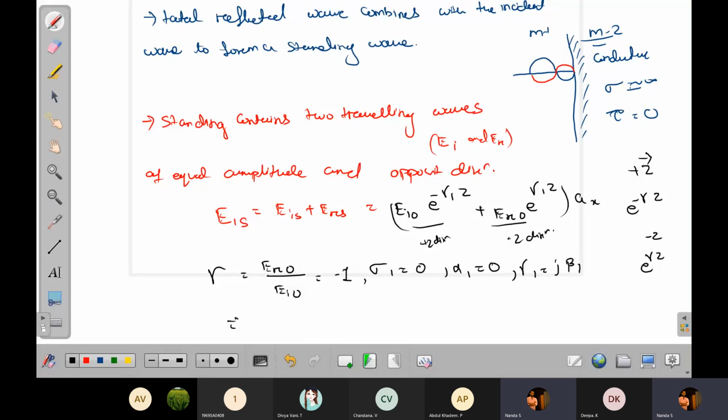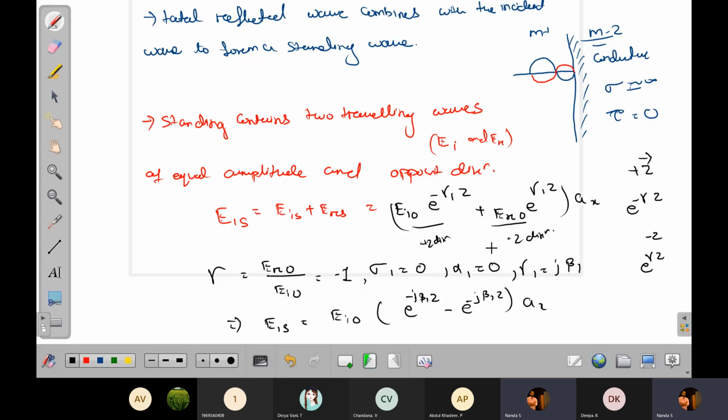So that implies E1S equals EI0 into e to the power minus j beta 1 z minus e to the power j beta 1 z, ax.